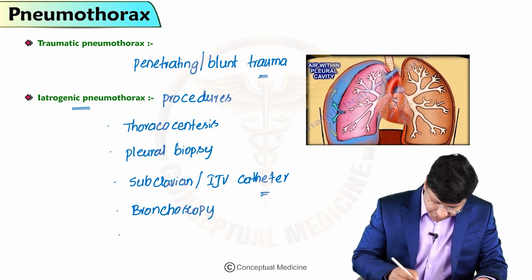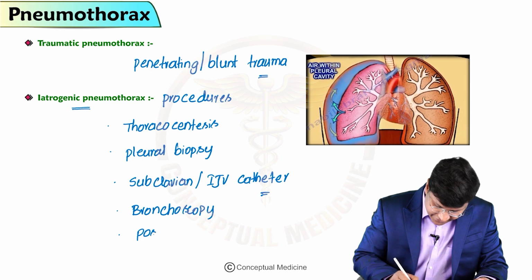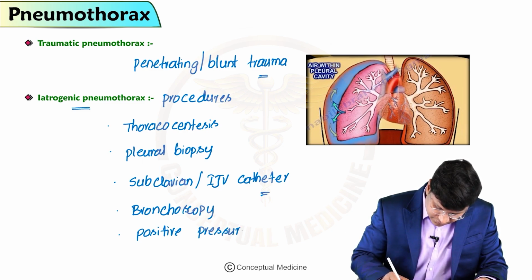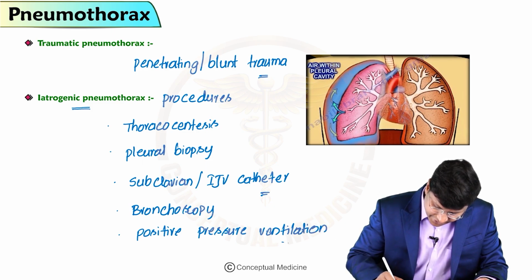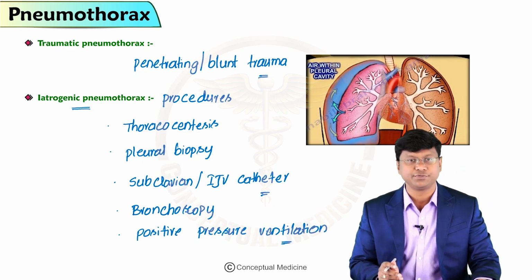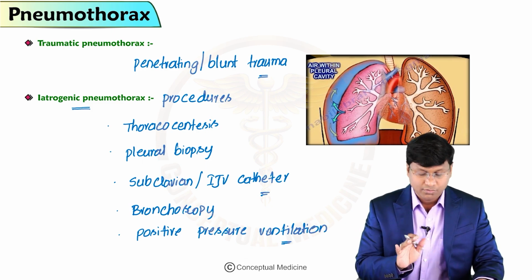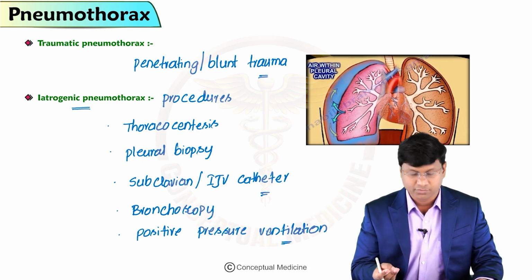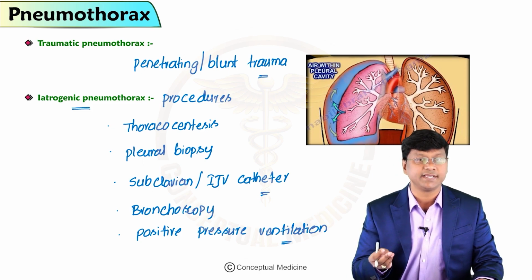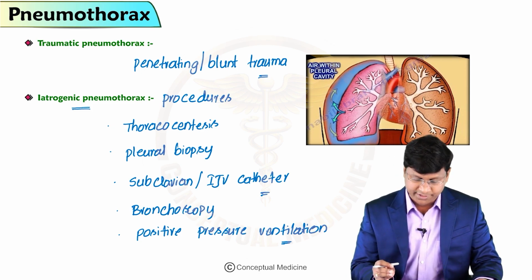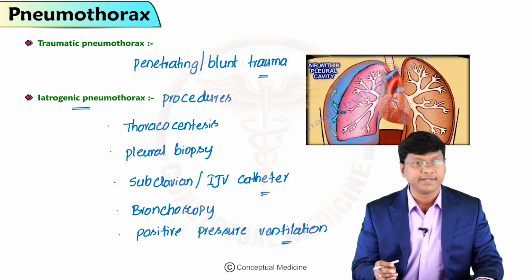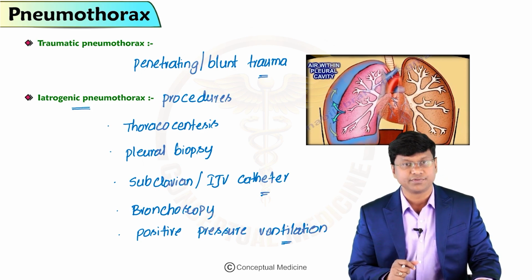Or during positive pressure ventilation, the individual can develop a pneumothorax, and that we call iatrogenic pneumothorax. So this is the classification of pneumothorax: spontaneous, which is again classified into primary and secondary spontaneous pneumothorax, then traumatic pneumothorax, and then iatrogenic pneumothorax.